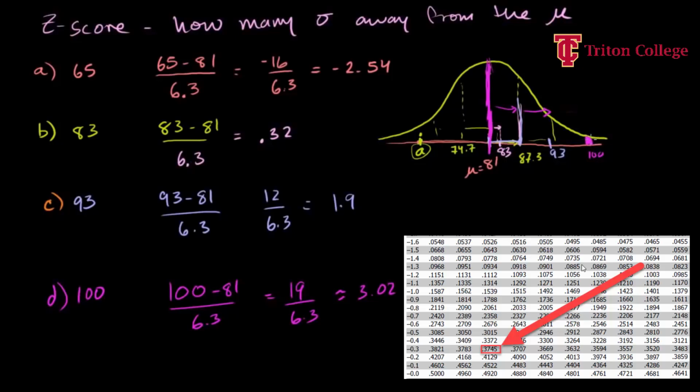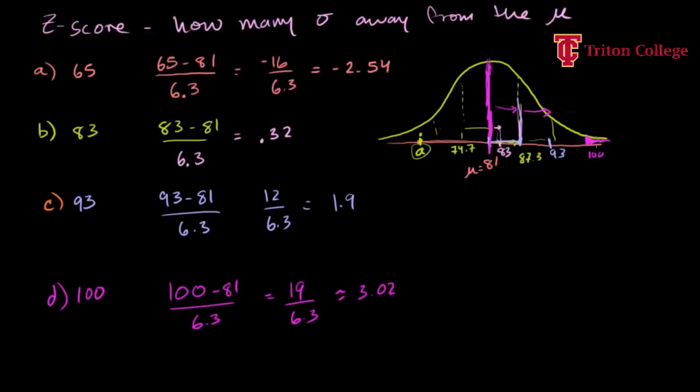So basically this number here is a percentage of values that would be above that. So looking at a score of 83, 37.45% of the scores would be above that.